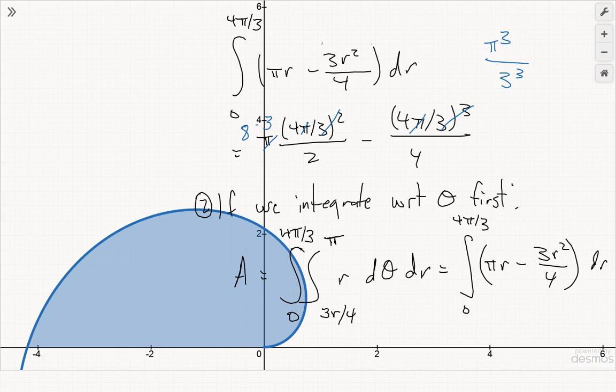And then here 4 cubed over 4 is just 4 squared, so this will be 16. So then this is 8 times 3 minus 16. And so that's 8. So we get 8 pi cubed over 3 cubed, which again, I did 8 times 3 minus 16 is 8. And again, that's 2 pi over 3 cubed.